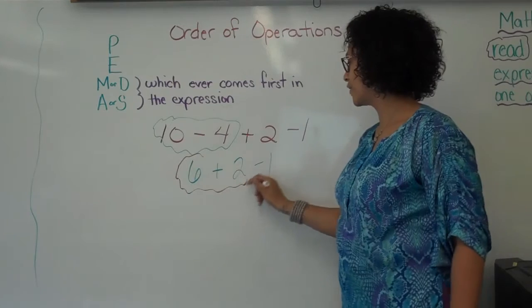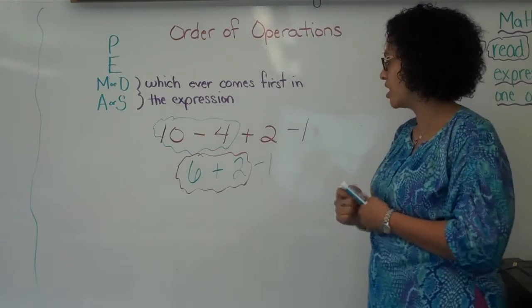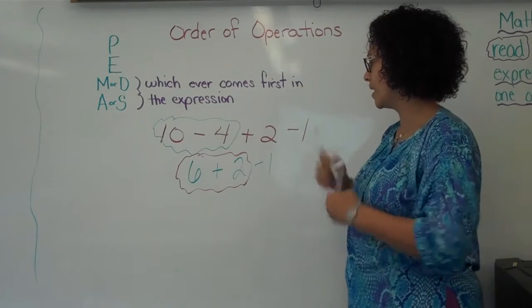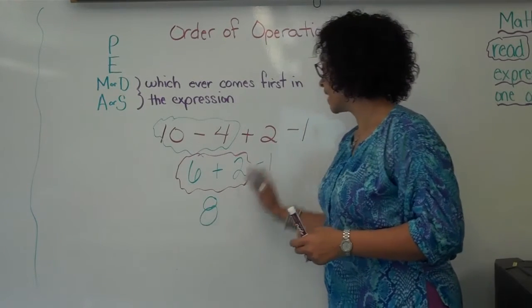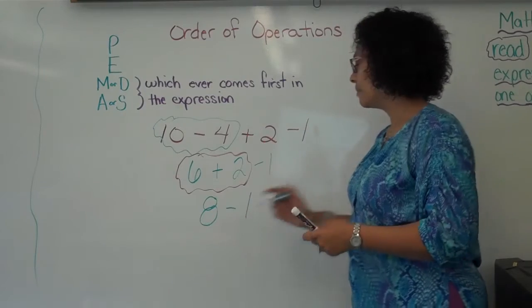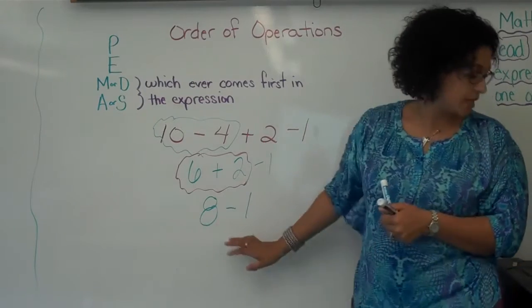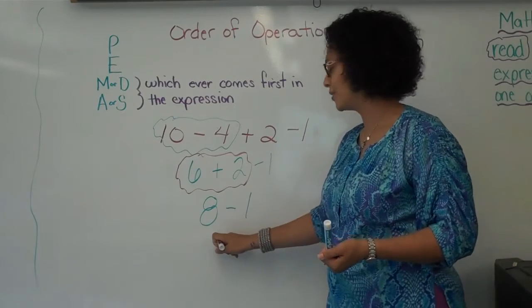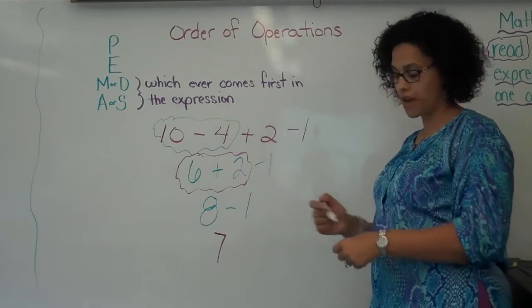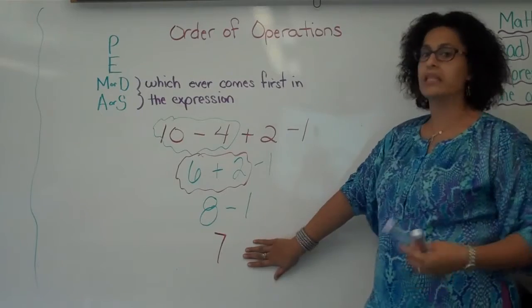So this comes first in the expression, so that's what I'm going to do. 6 plus 2 is 8. And bring everything else down, minus 1, and now we're just left with this simple equation, 8 minus 1 is 7. So we simplified that expression all the way to 7.